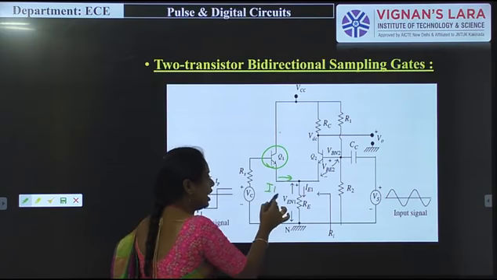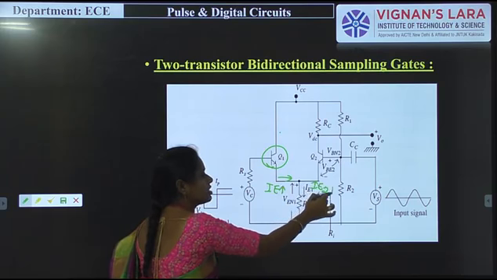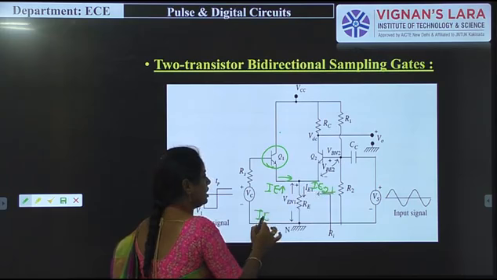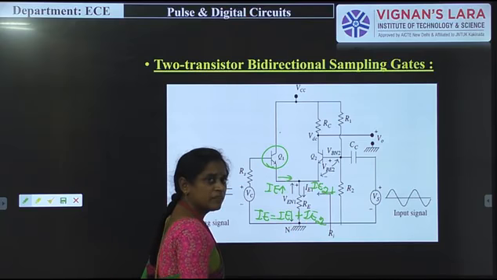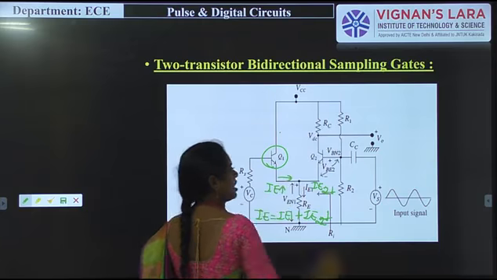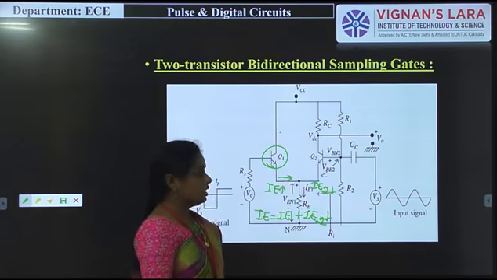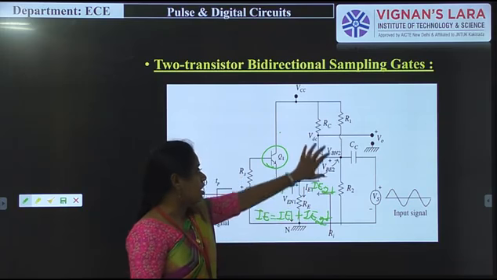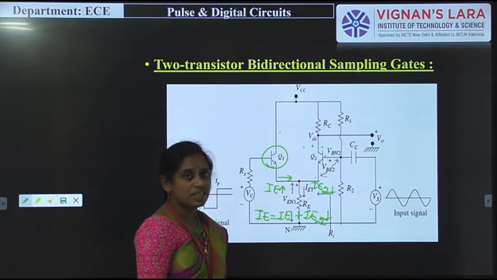When IE1 increases, IE2 obviously decreases, because the total current IE is equal to IE1 plus IE2. When IE2 decreases, IC2 also decreases, so the transistor Q2 goes to the cutoff region.